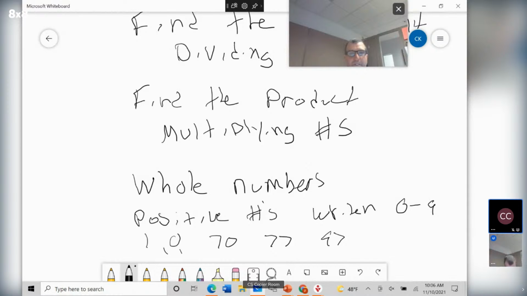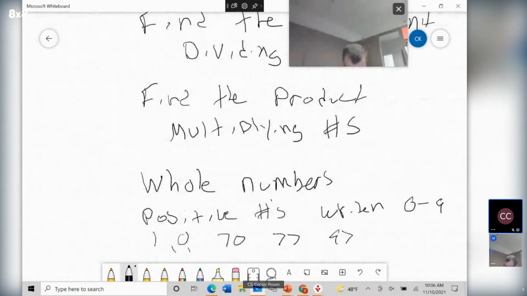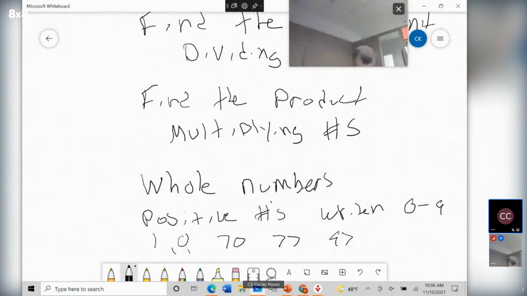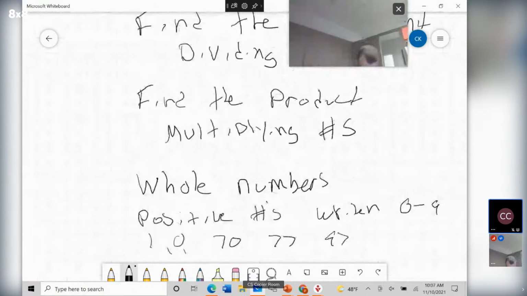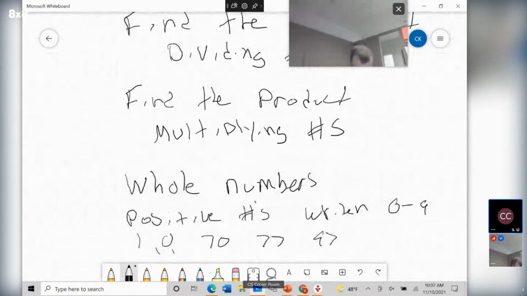Okay. And the last one I want to talk about is what place value means, because we're going to talk about place value in a second. Place value.